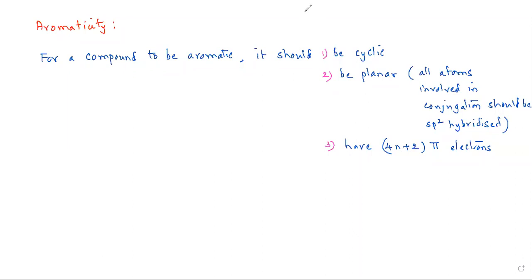Now, this is what I call Huckel's rule of aromaticity. Right? These are the characteristics of an aromatic compound. It should be cyclic, it should be planar, and it should also have 4n plus 2 pi electrons.